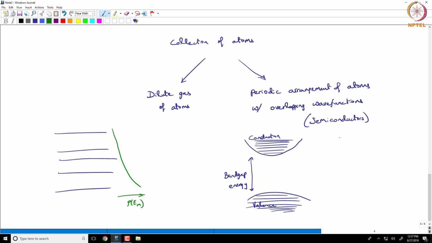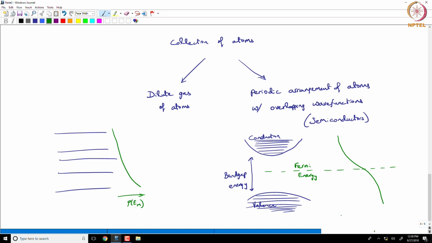What you have here is another distribution which hinges around a characteristic energy called the Fermi energy.